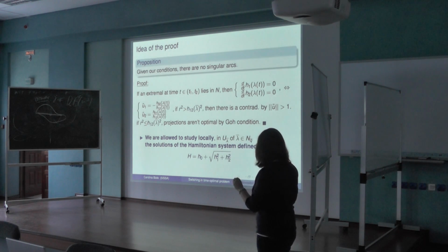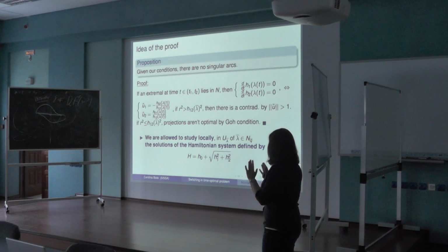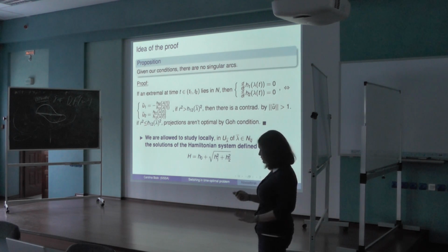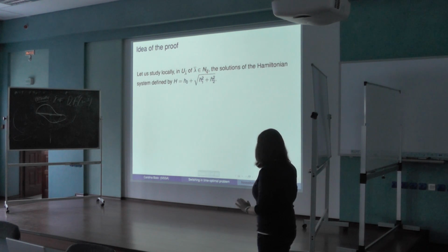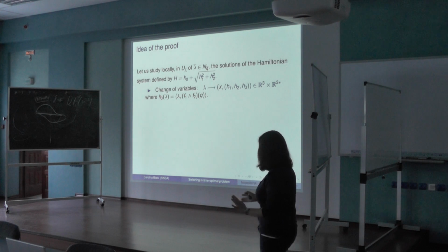So at the end we are studying a dynamical system with a discontinuous right-hand side. And so let me give you technical details to show you how we study this problem.